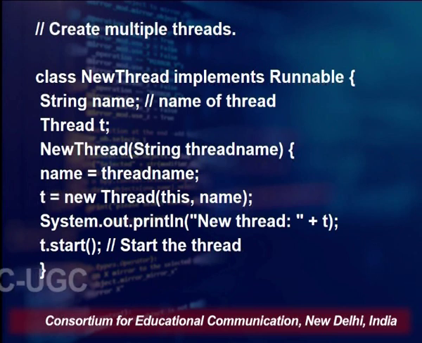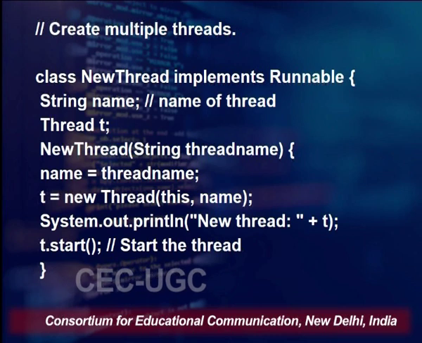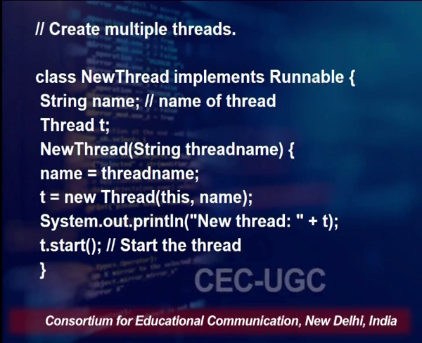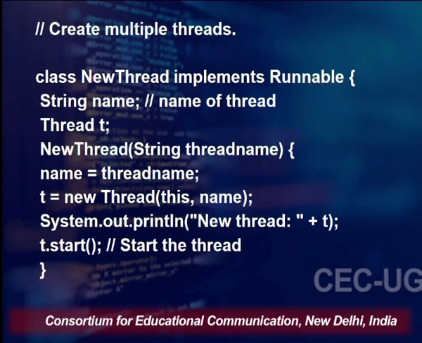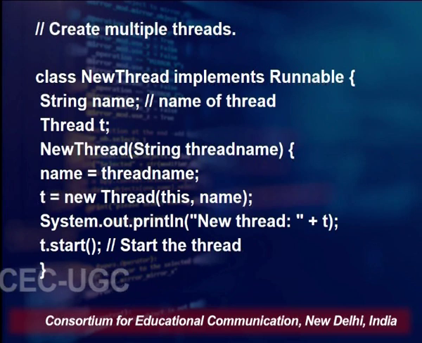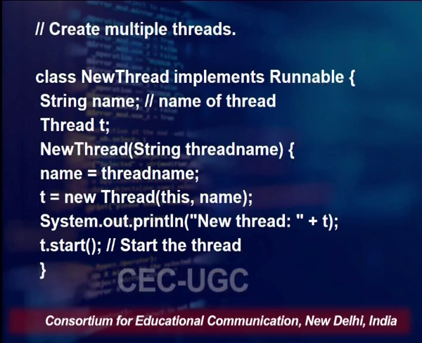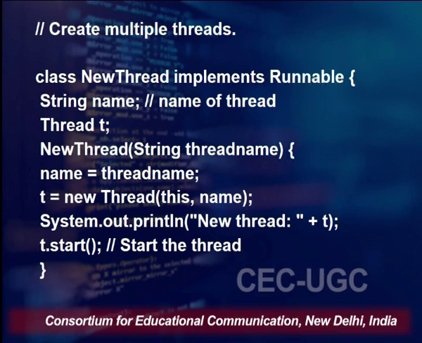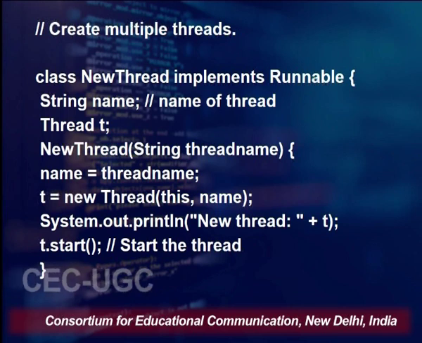We have a class NewThread which implements Runnable, and there we have used one String variable as name, and an object of the class Thread. Then we have created a constructor in which the thread name has been passed.